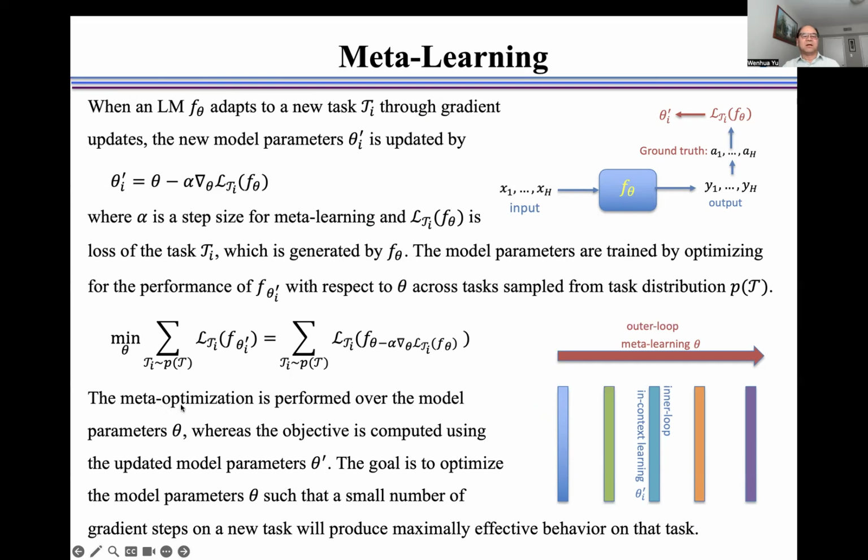The meta optimization is performed over the model parameters theta, whereas the objective is computed using the updated model parameters theta prime. The goal is to optimize the model parameters theta such that a small number of gradient steps on a new task will produce a maximally effective behavior on that task, as shown here.